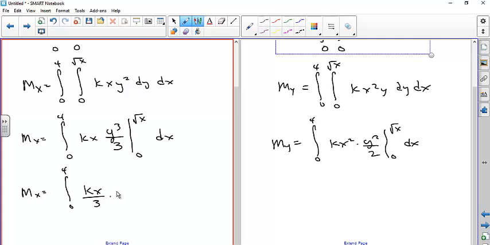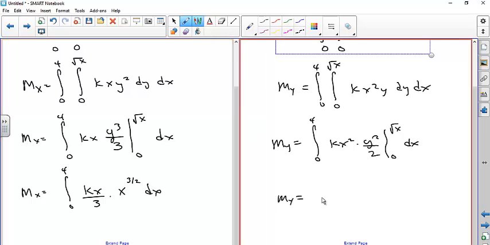So you get x to the 3/2 power. The 3 comes over here, kx over 3. The square root of x cubed is x to the 3/2 power, multiplied by dx. Over here, we've got the integral from 0 to 4. So we get kx squared.